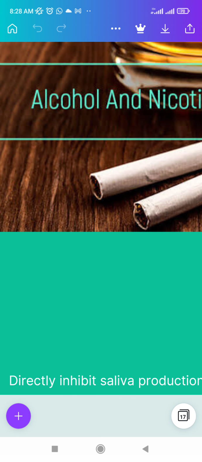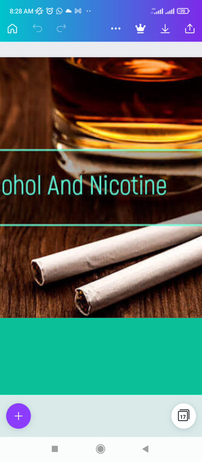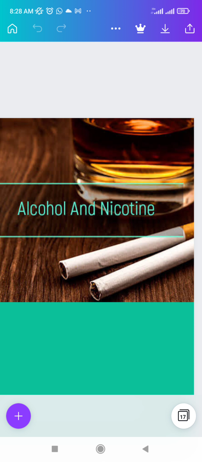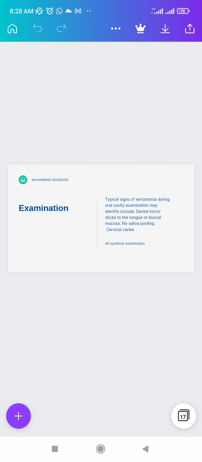Especially important causes are nicotine, smoking, and alcohol. These also directly inhibit saliva production and cause xerostomia, so also consider these two important causes. Next is the examination.